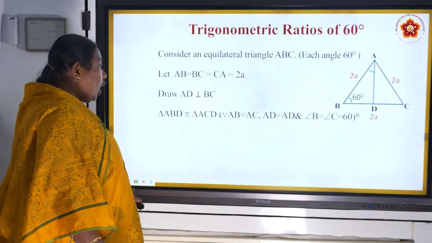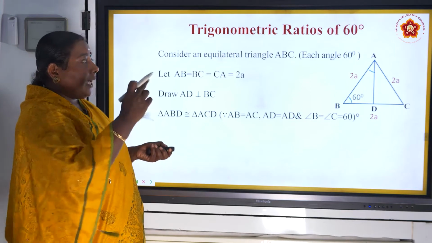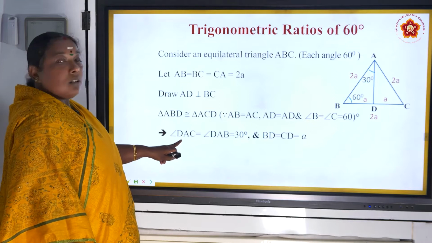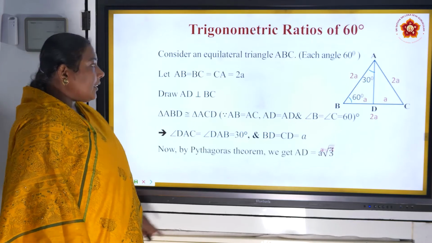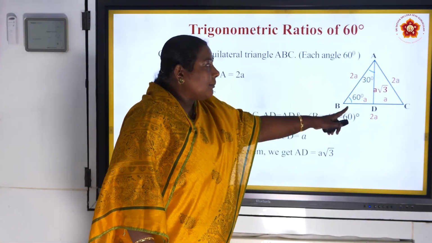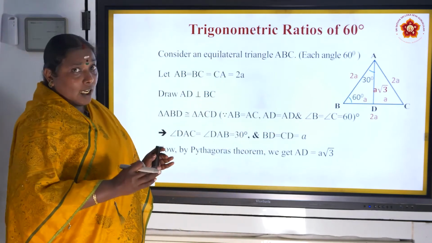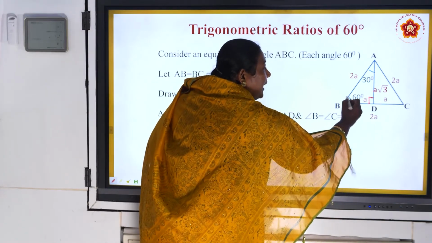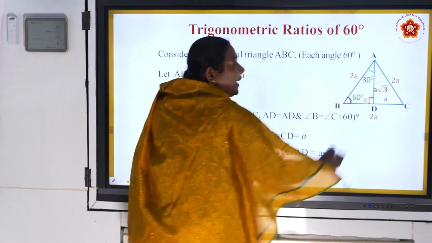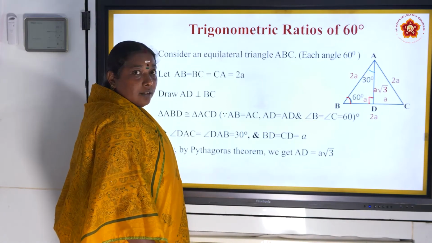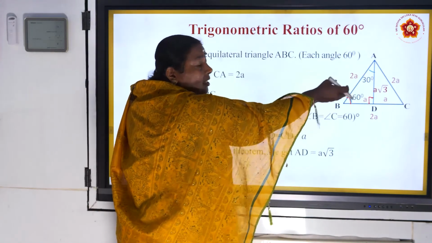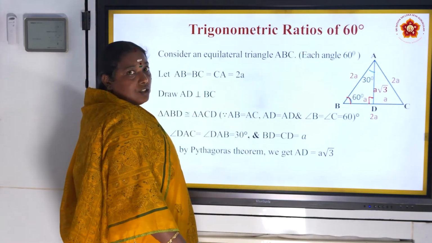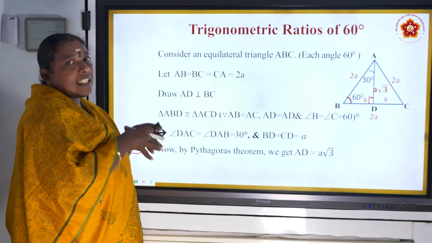As per the congruence of two triangles ABD and ACD, I get my angle as 30 and my sides as A and A. Now I have a right angled triangle with one angle 60 and the other angle 30. Whatever I am applying here is applied for the other triangle also. Is it right? Now let us come to our sine, cos and tan.